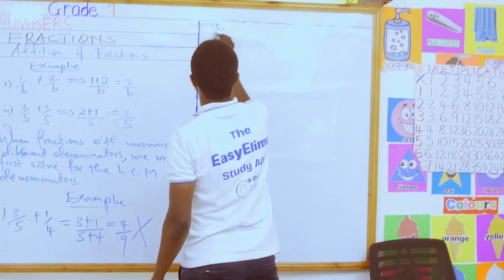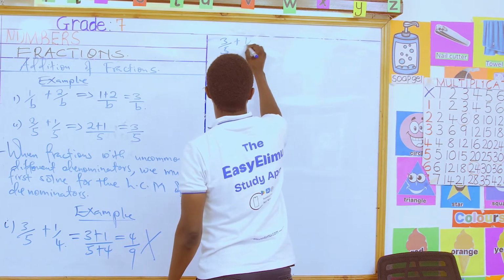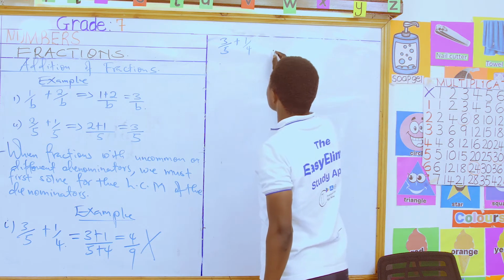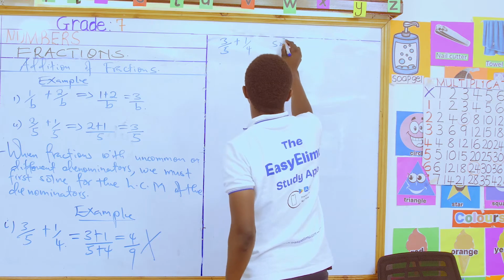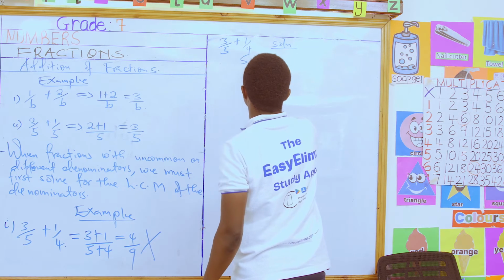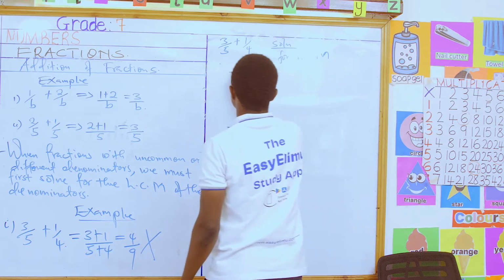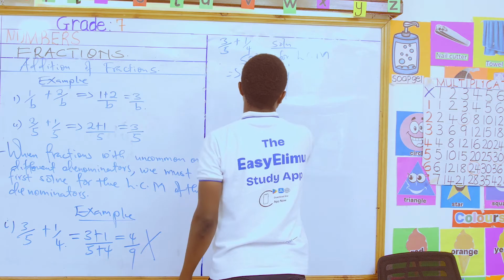In a situation like this, whereby the denominators of your fractions are no longer common, you must solve the LCM of the denominators. So solution here, solve for LCM, where we have 5 and 4.